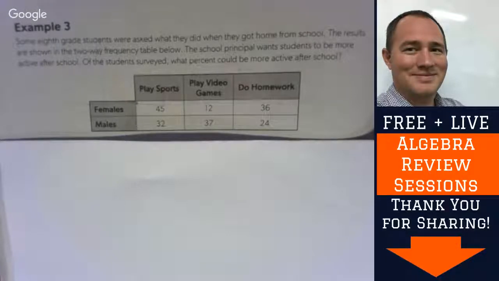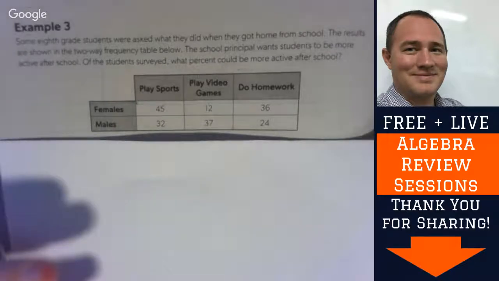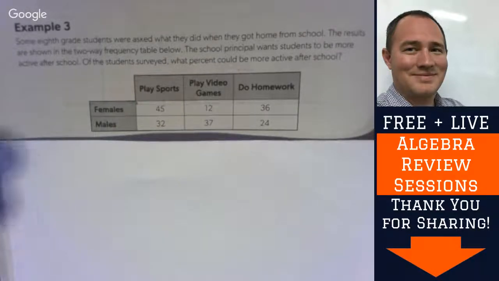And it's broken down into the three categories of playing sports, playing video games, or doing homework. I'm looking at the 8th grade students here, and they were asked in a survey what they did after they got home from school. The results are shown in this two-way frequency table.